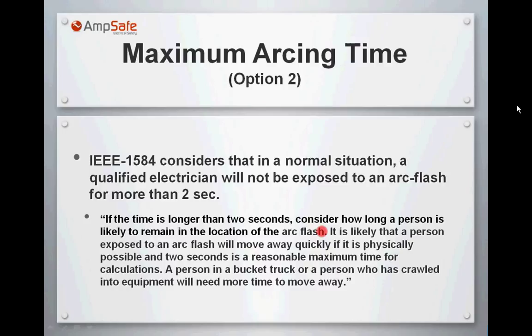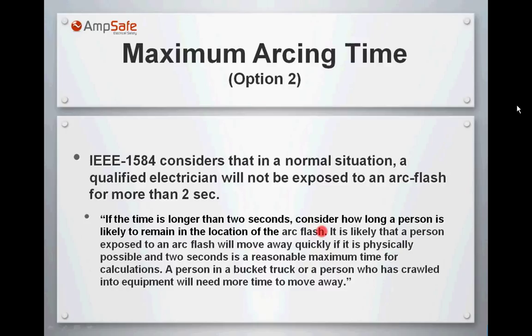In that case, how much time do we consider? Well, that's definitely the criteria of the professional engineer doing this calculation, okay? So when you have some unusual cases like electric equipment in a restricted space where you cannot really run away very fast, in those circumstances, you definitely have to consider more than 2 seconds.